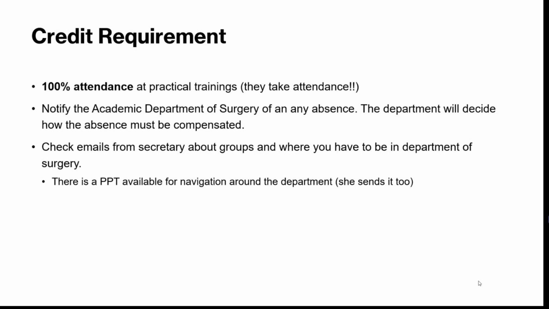And it is of utmost importance also that you continuously check your emails for information from the department, because they send emails regarding your groups, your schedule, which group will be at which practical class and where exactly. And I believe the email also contains a PowerPoint presentation about the layout of the Department of Surgery so that you can navigate yourself properly.